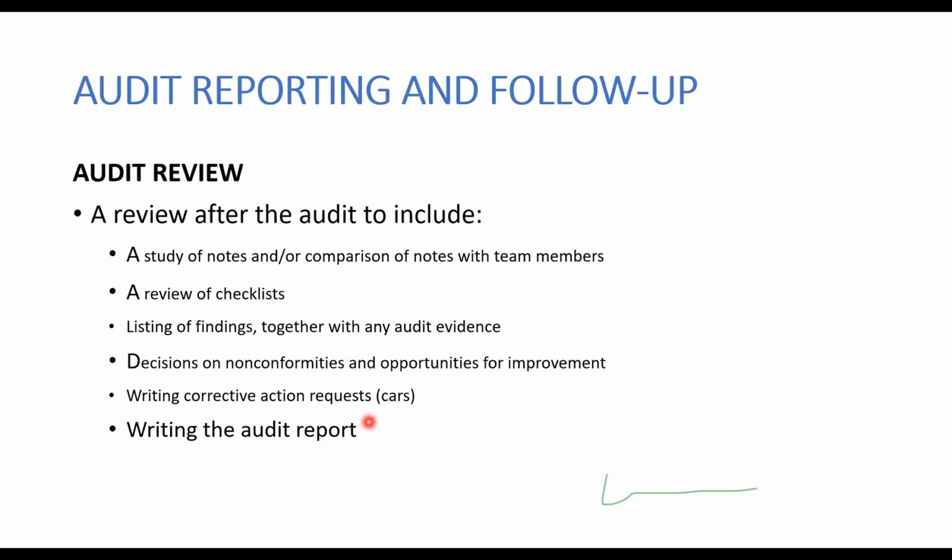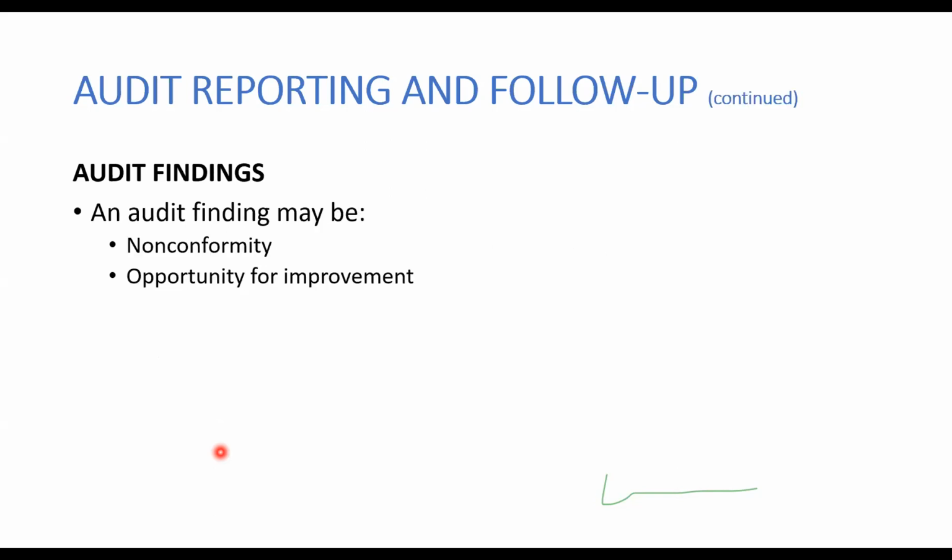You are going to write the non-conformities, and you are going to write the audit report. Sometimes you are going to submit the audit report at the same time, and sometimes you are going to submit the audit report later on, after 1 day or 2 days of the audit. So this audit review is very important to make sure that all the things are under control and you are ready to present your findings.